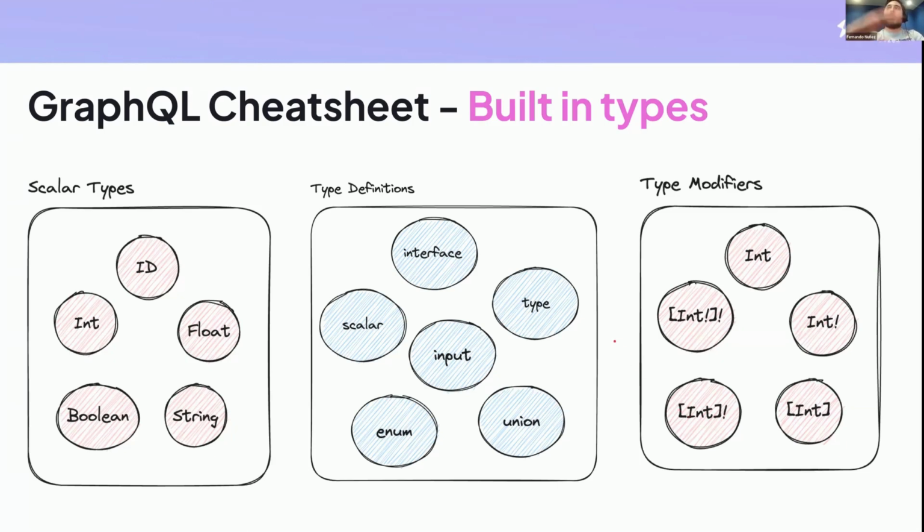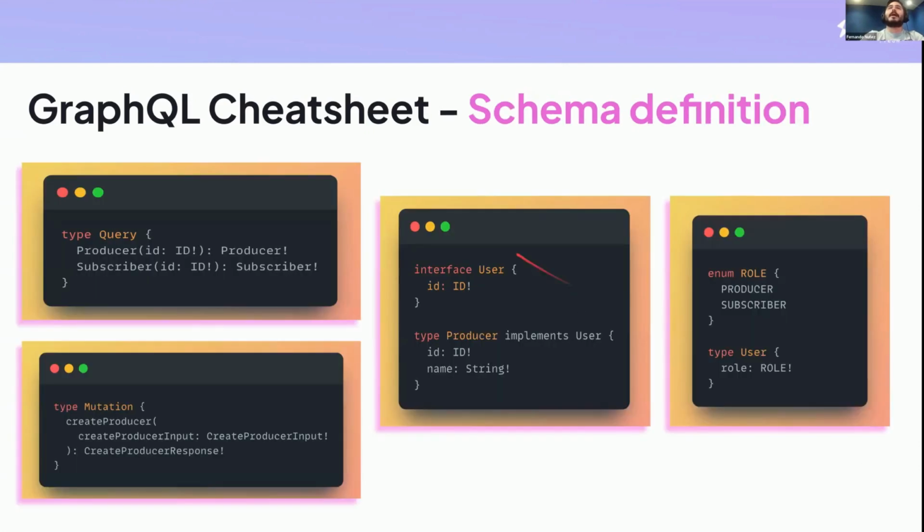So combining all these built-in types, we are able to define a schema. A basic schema is usually composed of queries and mutations, and the queries can receive some parameters, and we know the type that we are going to return for those queries.